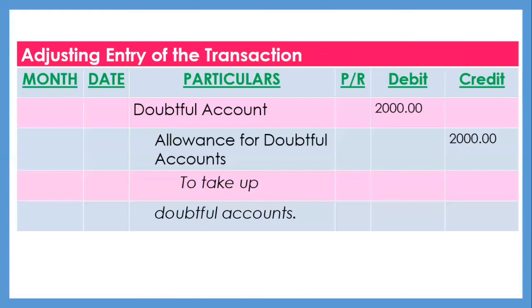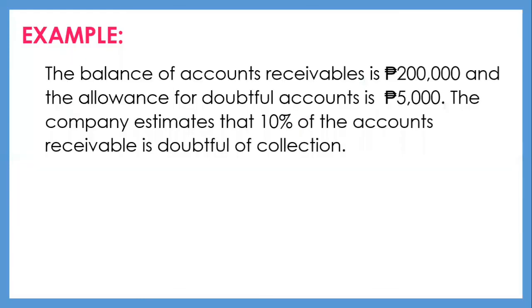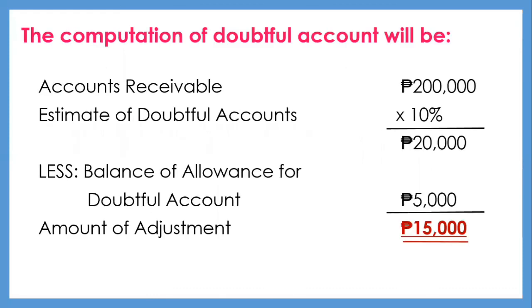So for example, the balance of accounts receivable is 200,000 pesos and the allowance for doubtful account is 5,000 pesos. The company estimates that 10% of the accounts receivable is doubtful of collection. So this is how we will be computing our doubtful accounts if we make use of accounts receivable.